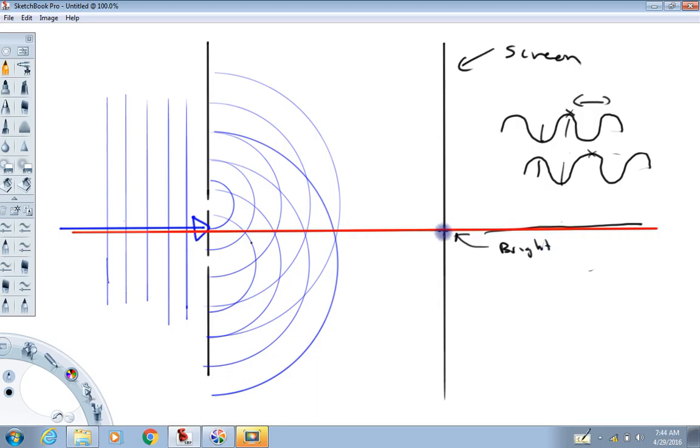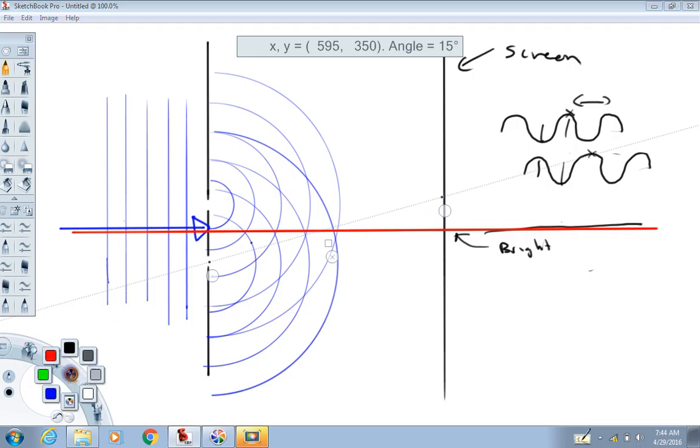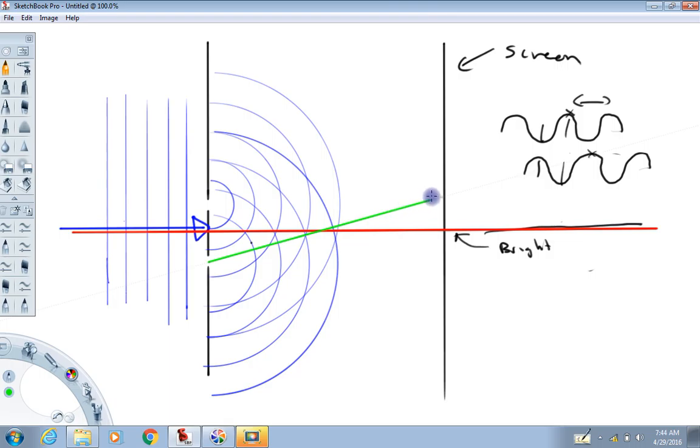All right. Now, as we move up the screen, what's happening is this. It's all about what's called the path length. The distance from this opening to this point on the screen here, let's do green, is that distance.